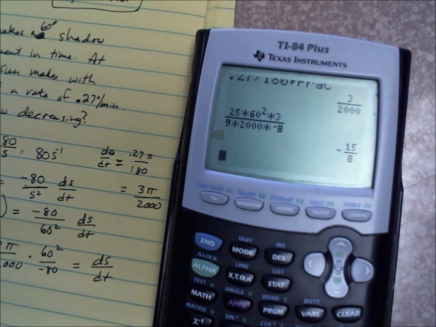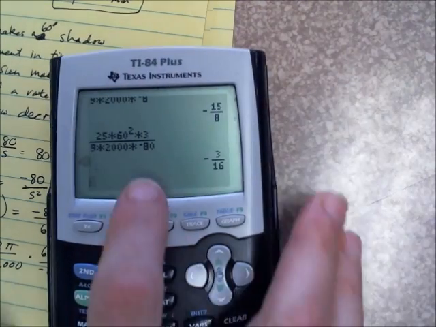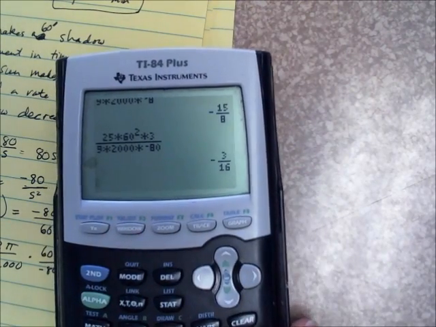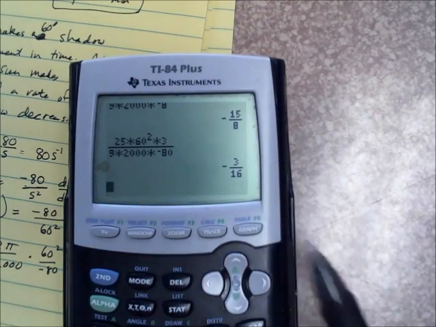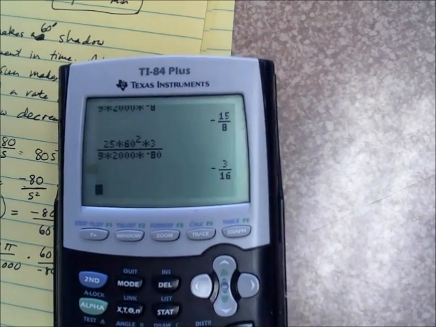And let's see, I must have made a mistake here. Well, I found out my mistake, and it was because I put an 8 in the denominator instead of an 80. So when you do your arithmetic in your calculator, that's probably the fastest way.